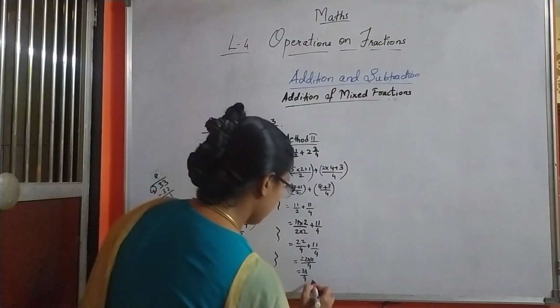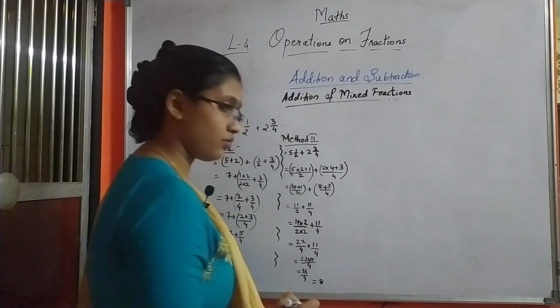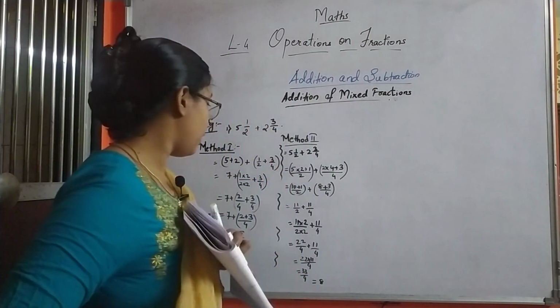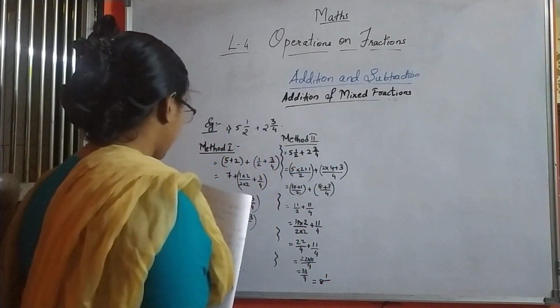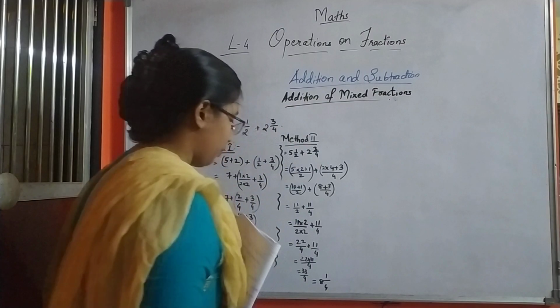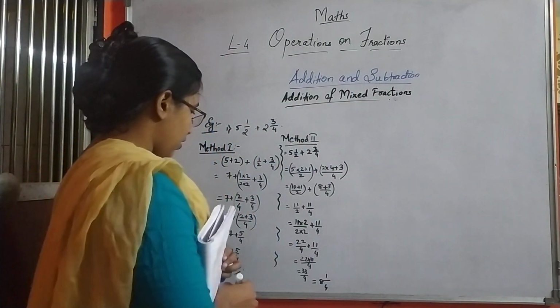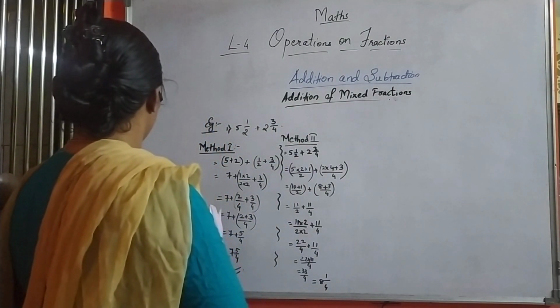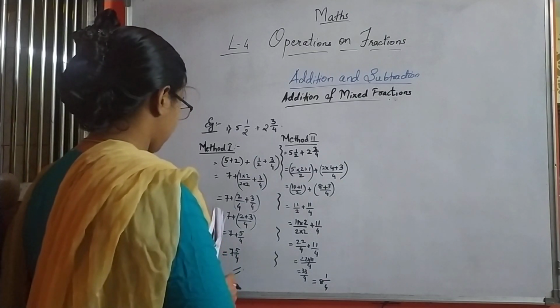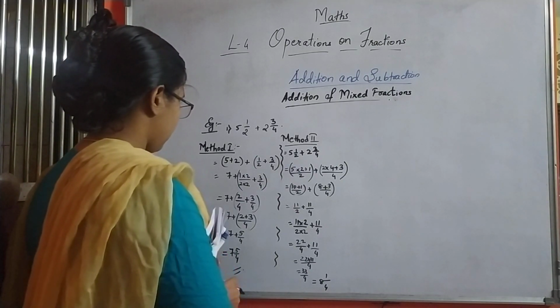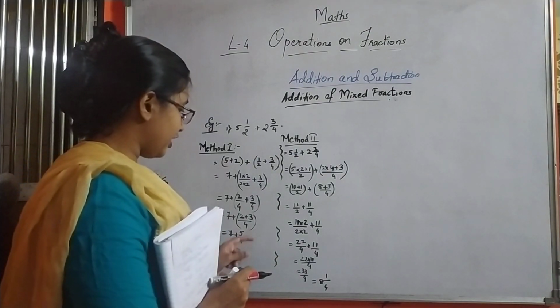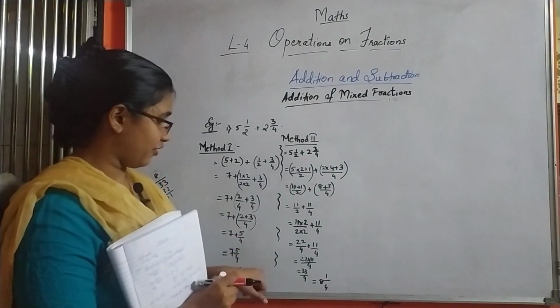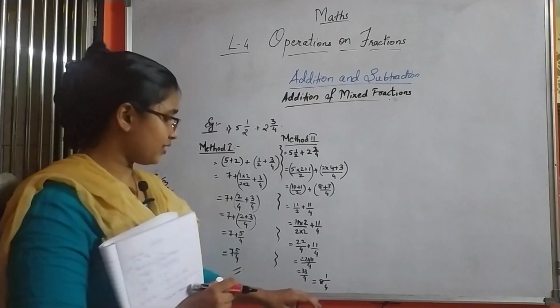I will write the quotient as my integral number, then the remainder as my numerator and the divisor as my denominator. So 8 1 by 4. Now you will find a difference in this answer, that is 7 5 by 4 and 8 1 by 4. What is the difference?